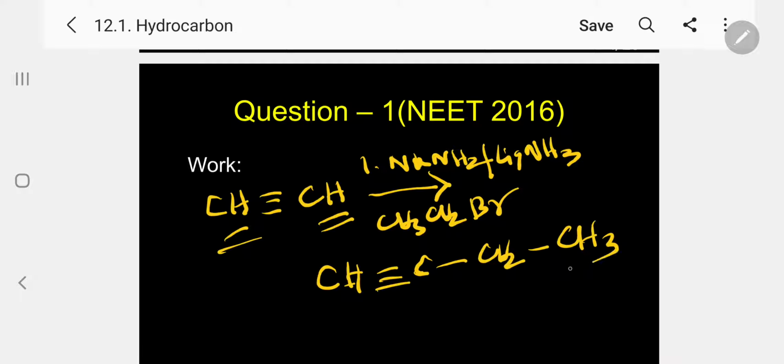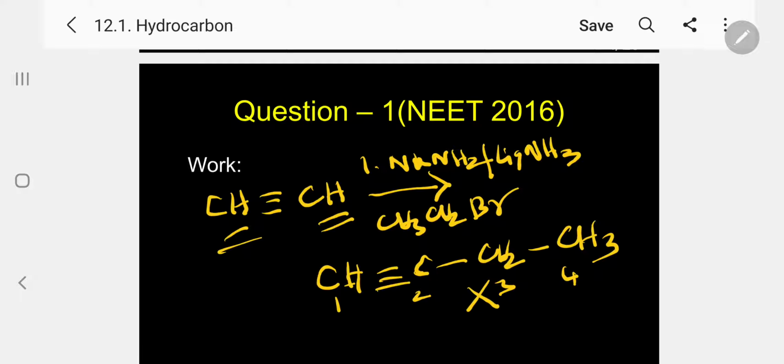Kindly follow, this is the first product, X. What is the name of this compound? As per the IUPAC name, 1, 2, 3, 4, it is 1-butyne. This is 1-butyne.